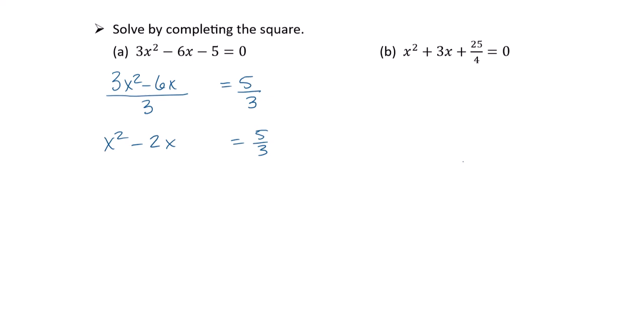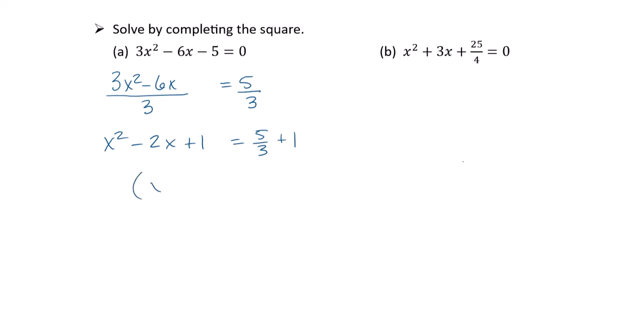Now I can complete the square. Half of negative 2 is negative 1, and negative 1 squared is positive 1. So I'll add 1 to both sides to keep it balanced.